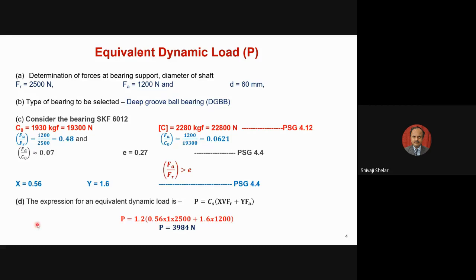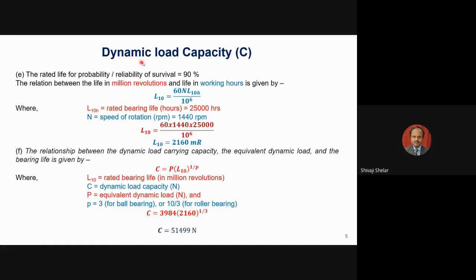Now let's go to step E in the next slide. So step E is to determine the dynamic load capacity. Now you need to know the rated life for a given probability of survival. If the probability of survival is given as other than 90%, then you have to convert.